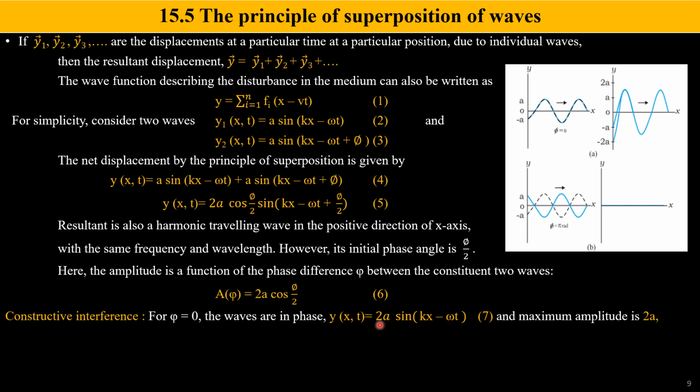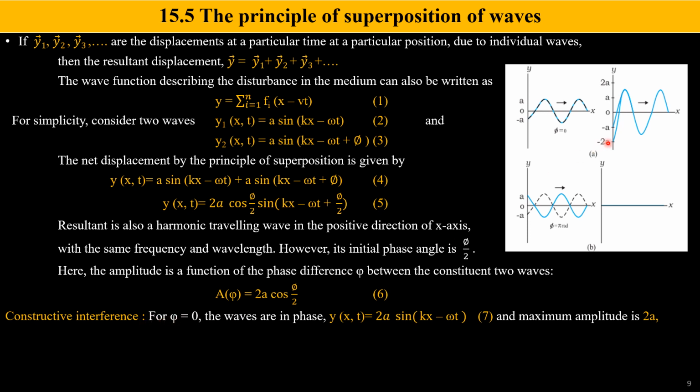Here, the amplitude is maximum and is given by A(phi) equal to 2a. Let it be equation 7. In such a case, when the amplitude is maximum, it is called constructive interference.